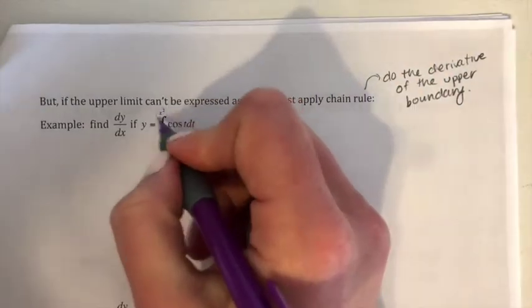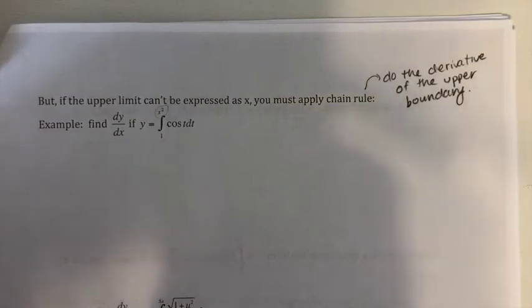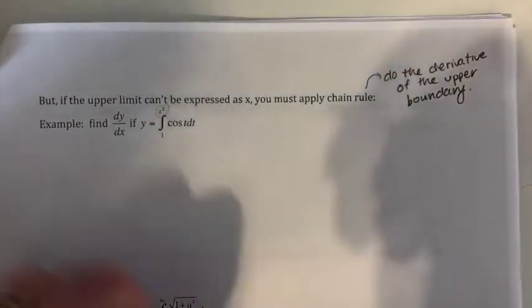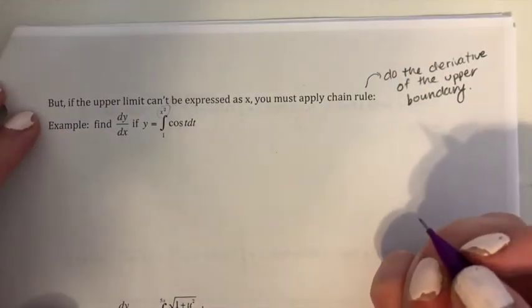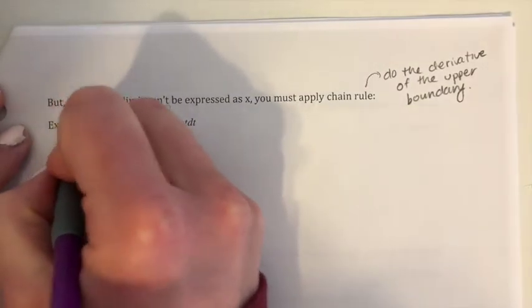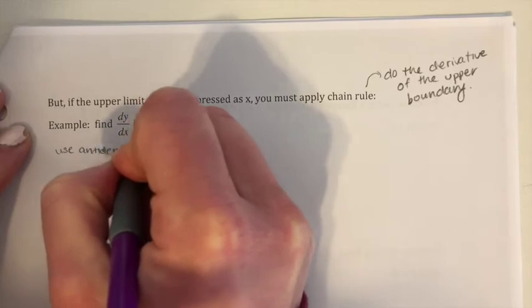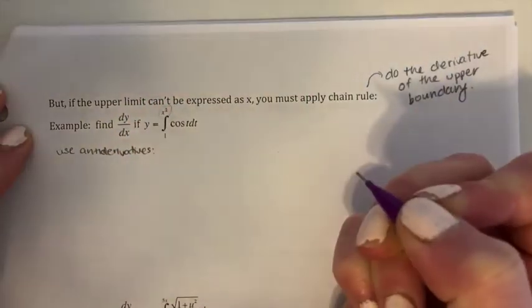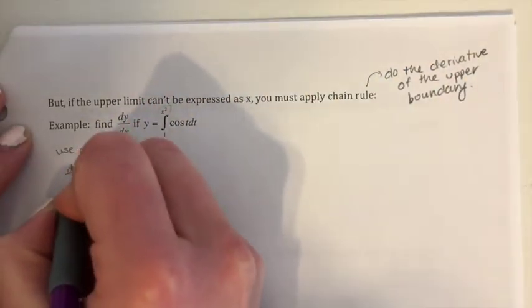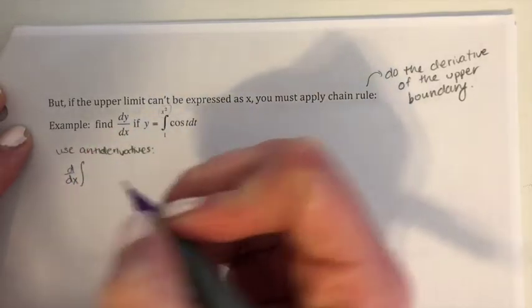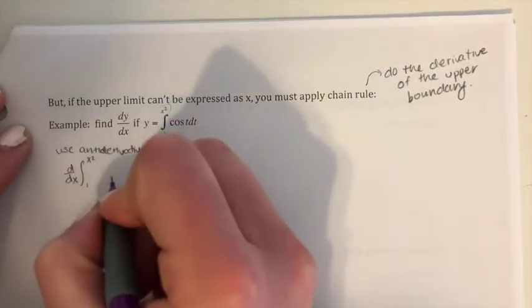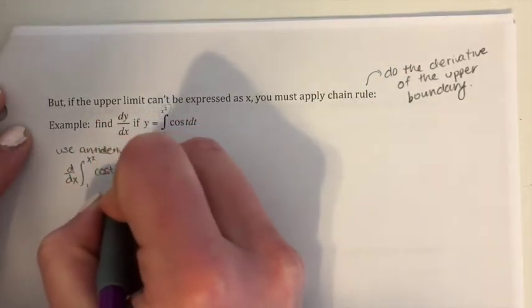We just need to multiply by the derivative of whatever that upper boundary is. Okay, so for this one, if we use antiderivatives, we'll prove it to ourselves. We're going to be doing the derivative of the integral from 1 to x squared of cos t dt.